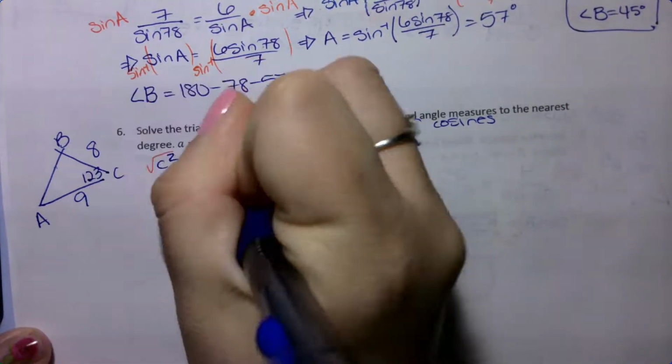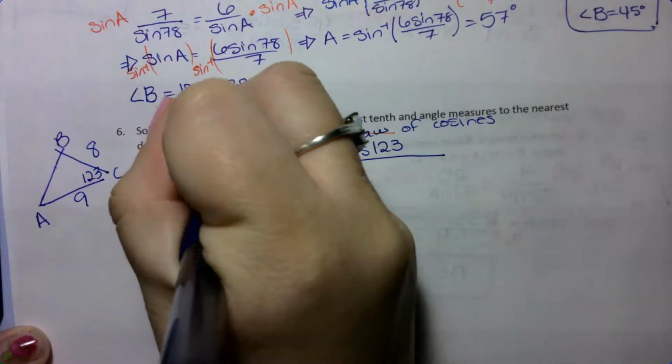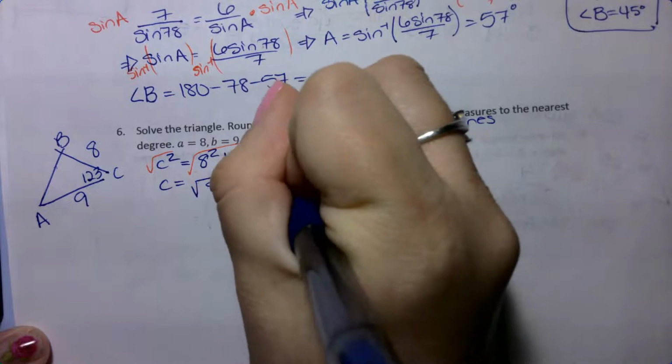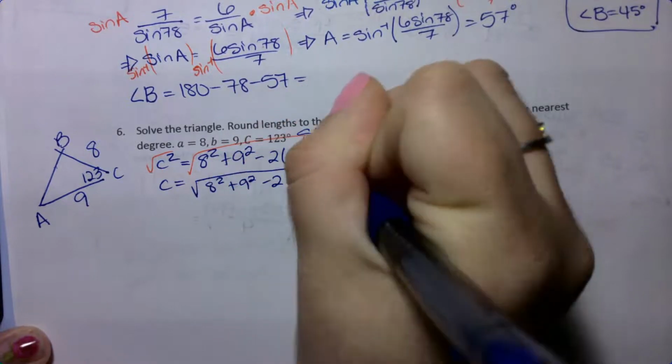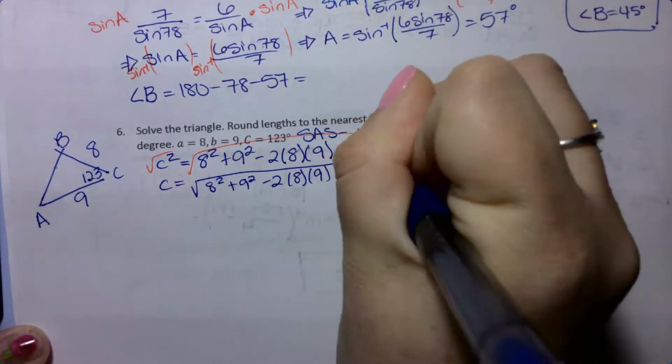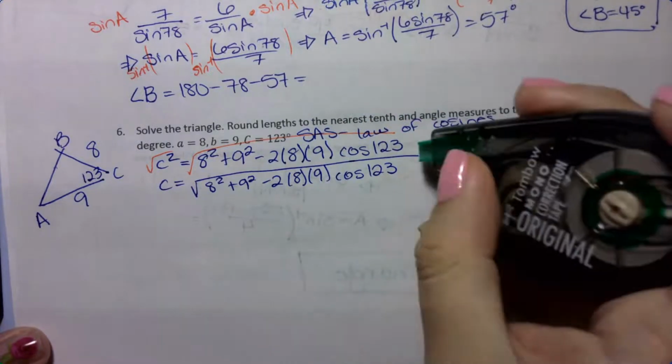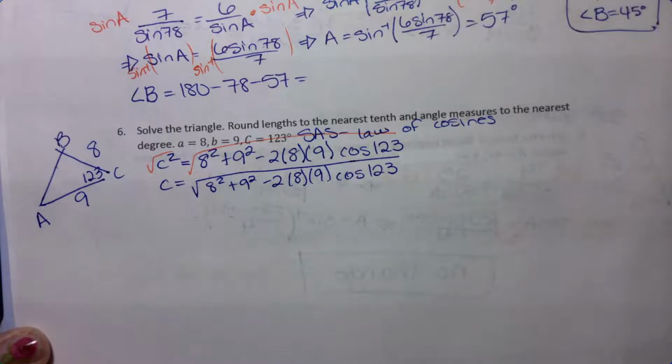So I'll rewrite what I have. I have C, and then the square root of 8 squared plus 9 squared minus 2 times 8 times 9 times cosine of 123. And then I just want to go ahead and type that whole thing under the radical into my calculator.